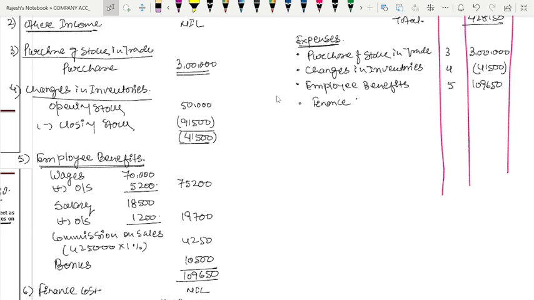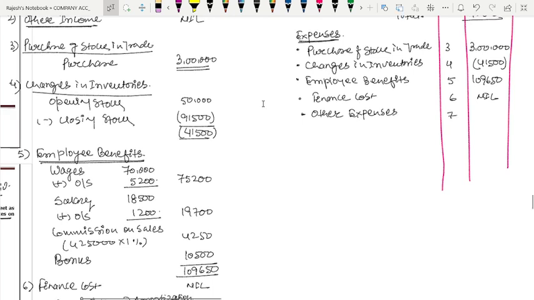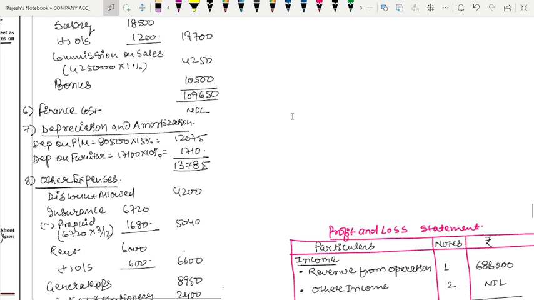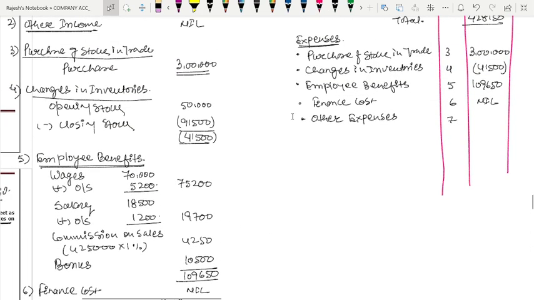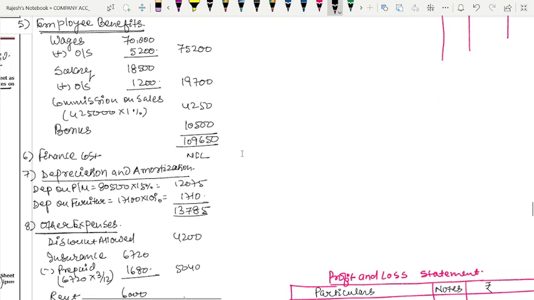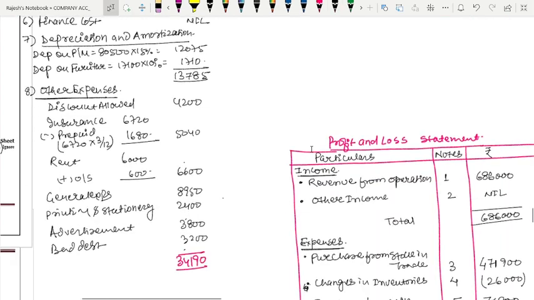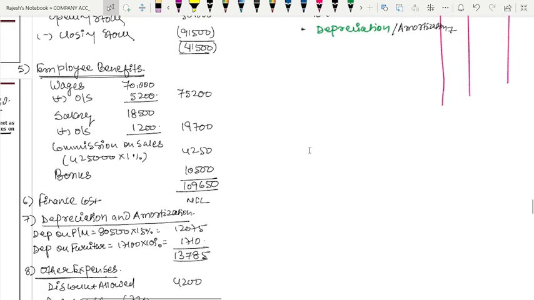Finance cost, nil. Other expenses, depreciation and amortization 13,785, and other expenses 34,190.